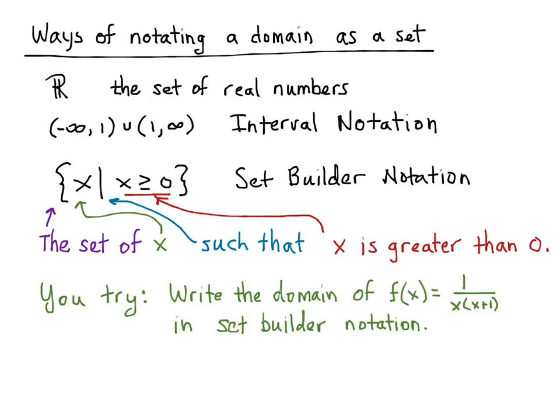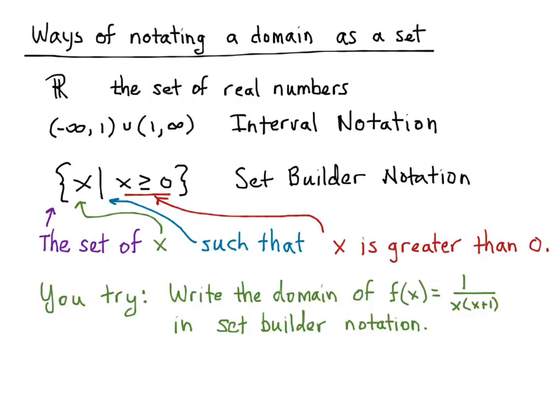Okay, that's good, because if x is 0, then we have 1 over 0. But also, x can't equal -1 as well, right? Because if x equals -1, then we have 1 over x plus 1. So here we know that this can't equal 0, but we also know that this can't equal 0.